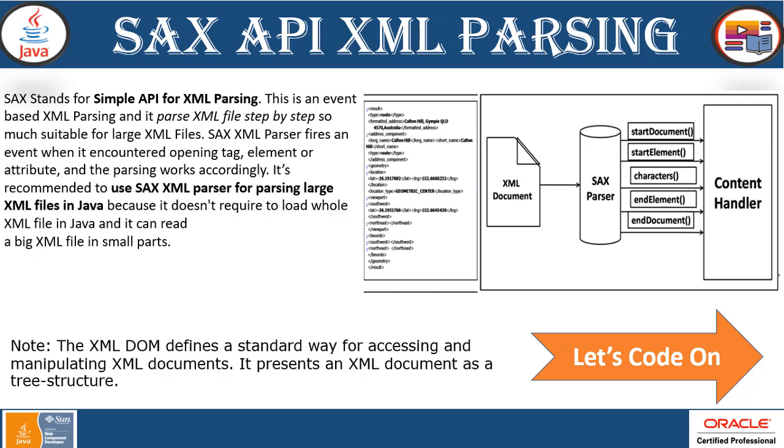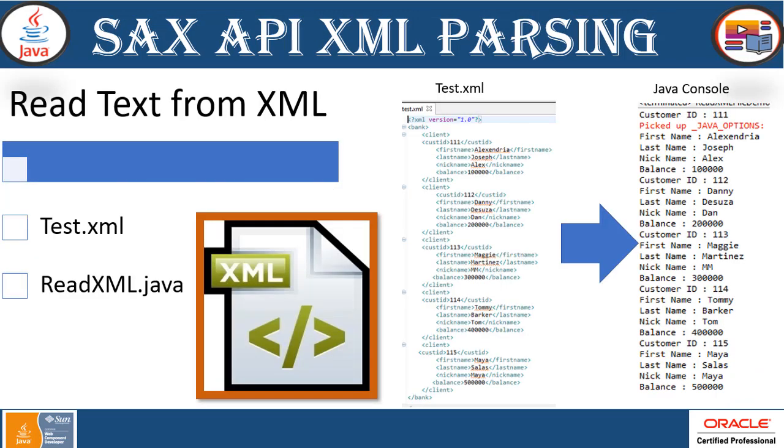So this is in steps form. This makes the XML more organized and easy to handle with large XML sizes. If you have a large amount of data in an XML in tag form, this is the best API to use to parse it.